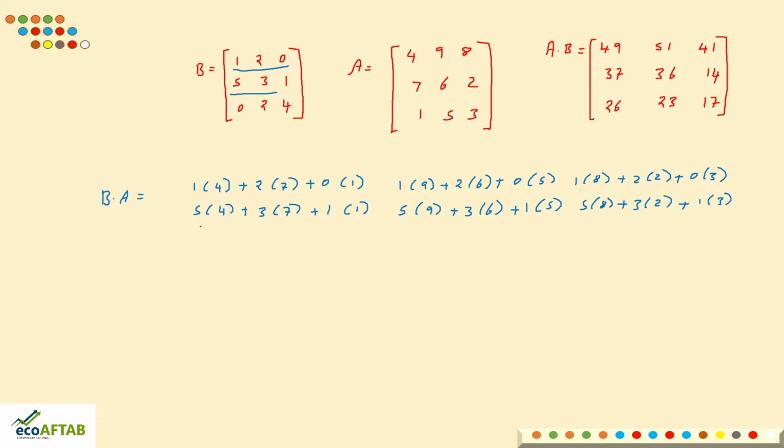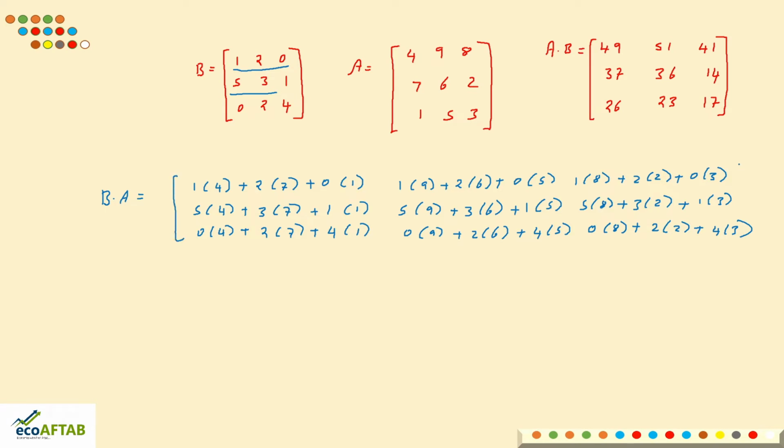So it will be 0 multiplied by 4 plus 2 multiplied by 7 plus 4 multiplied by 1. Then comes 0 multiplied by 9 plus 2 multiplied by 6 plus 4 multiplied by 5. And now the last row with the last column, 0 multiplied by 8 plus 2 multiplied by 2 plus 4 multiplied by 3. So this is what I have got.